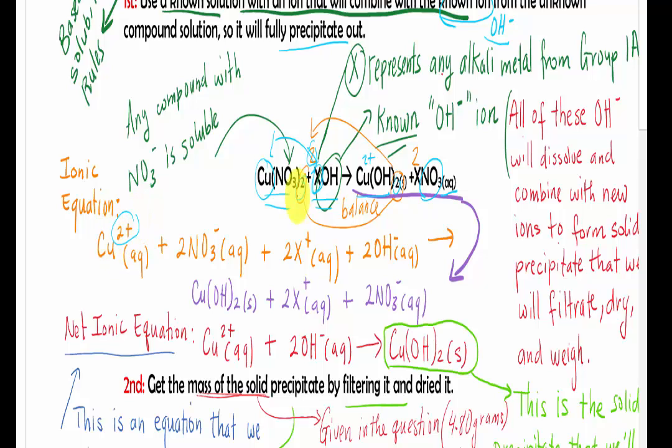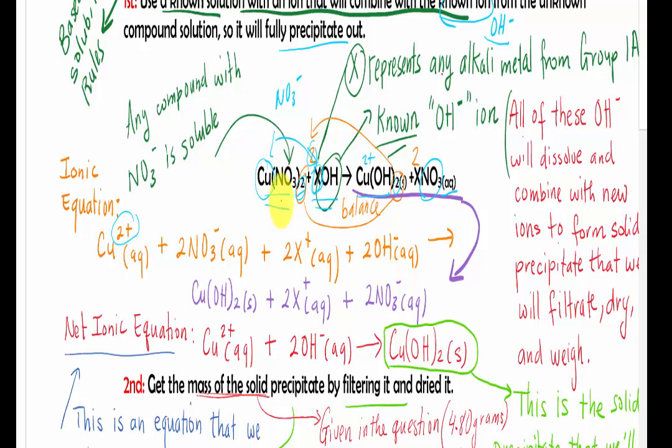That is because each nitrate is NO3 minus, and we have 2 of them, so that copper must be 2 plus. Then we have the next compound, an alkali hydroxide, which is represented by X. We know that it's going to be 2 because remember, we balance before we write our ionic equation. So 2X plus, and then hydroxide is forming ions in this solution as well.